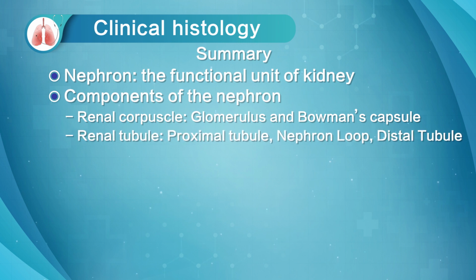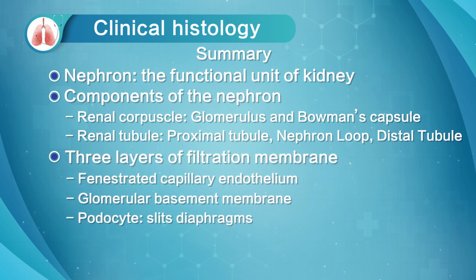In the corpuscle, the pressure in the glomerular capillaries forces water and small solutes of blood plasma to go through the filtration membrane into the Bowman's capsule. From the Bowman's capsule, primary urine enters the long renal tubule for further processing. The processed filtrate will finally flow out of the nephron and drain into the collecting duct.